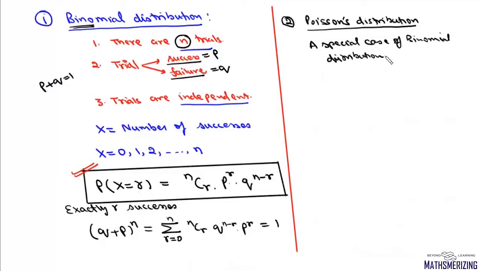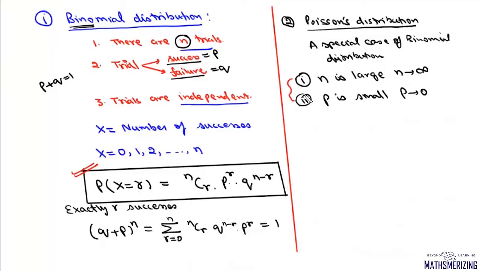Binomial distribution changes into Poisson's distribution if it satisfies two conditions. First, n is sufficiently large, typically n tends to infinity. And second, the probability of success p is small, that is, p is nearly 0.